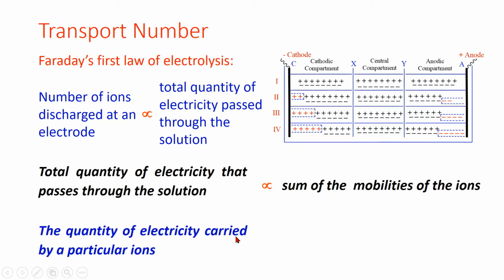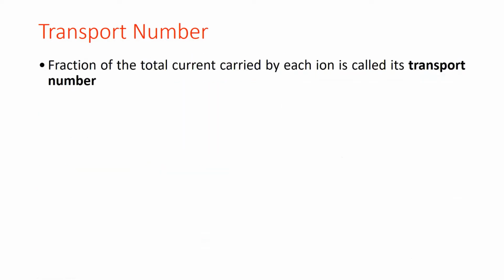Therefore, the quantity of electricity carried by a particular ion is directly proportional to the mobility of that particular ion. Transport number is the fraction of the total current carried by each ion.